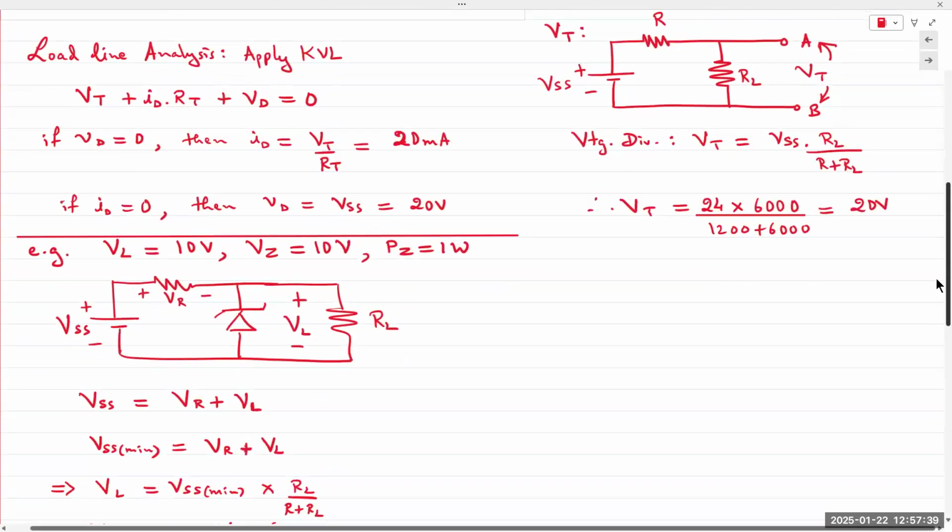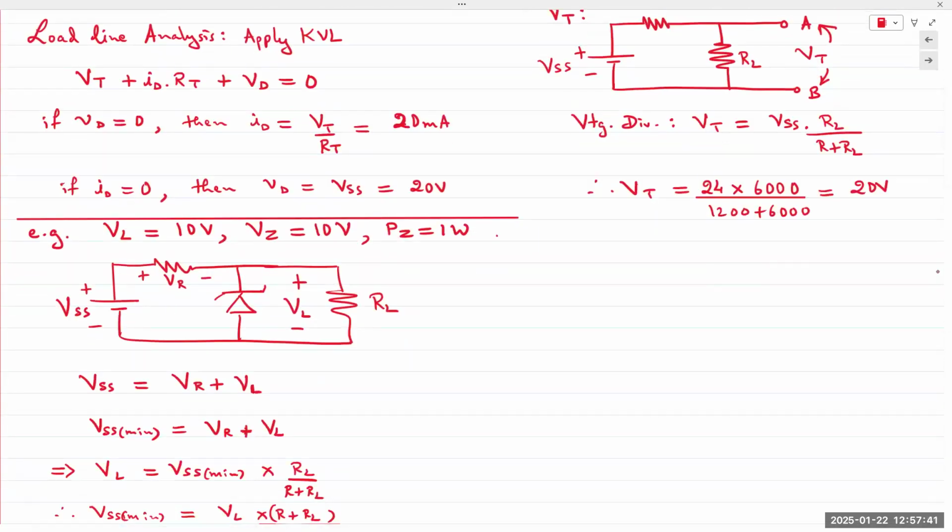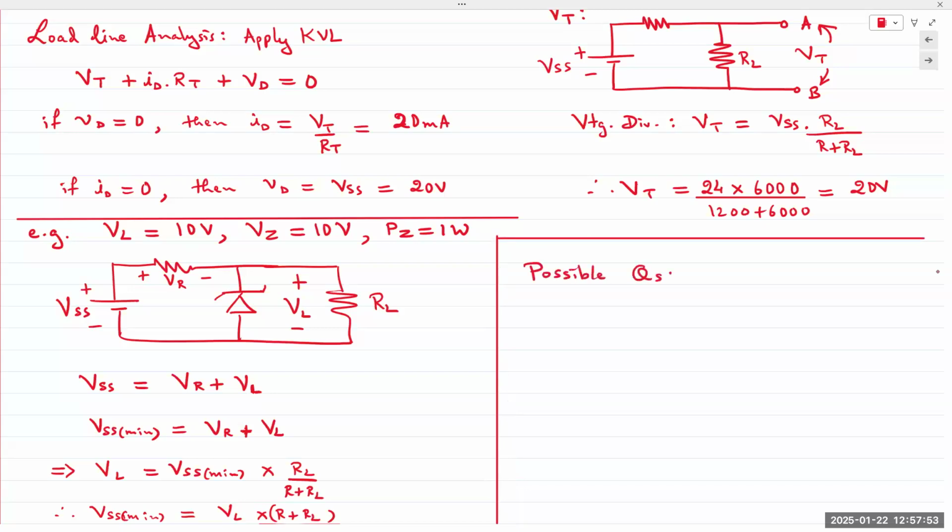I'm going to write this out on the side. Let's go back up here. So possible questions in this design problem: what is the minimum and maximum value of the series resistor, so R min and R max?